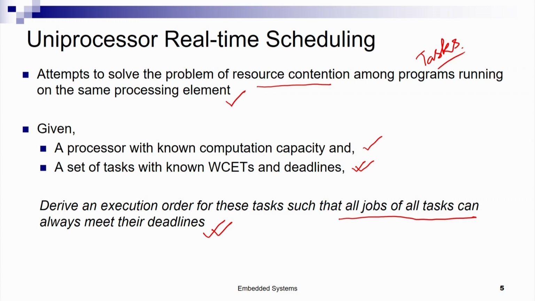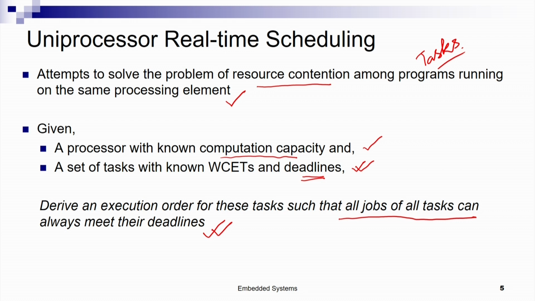We want to have a schedule. A schedule means an order of execution of the tasks on this processor such that all jobs of all the tasks which execute on this processor will always meet their respective deadlines. Obviously, for this we must know the computation capacity of our processor, and we also must know the deadlines of our jobs or the deadline of the task.